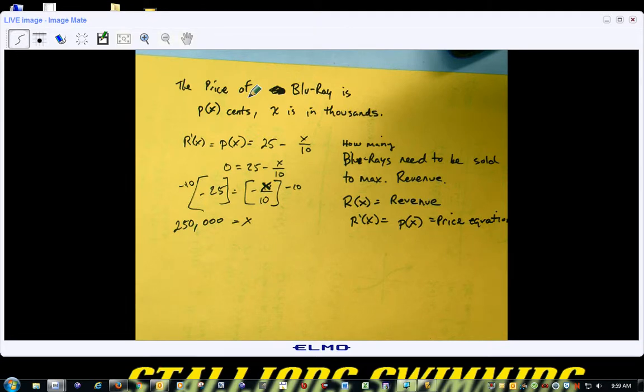But I want you to understand that it's the derivative of the revenue. Price and revenue go together hand in hand, just like position and velocity. Velocity is how you get to where your position is. Your price is how you get to what your revenue is. I want you to try to start thinking of functions in terms of that.